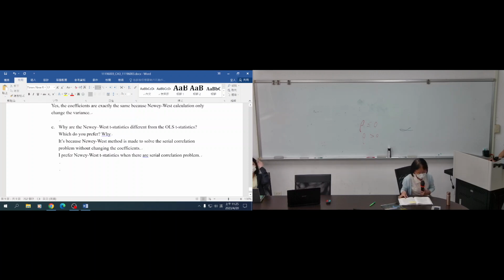Let me see. What does the question say? Why is Newey-West different from OLS? So the comparison is between Newey-West and OLS. Well, definitely Newey-West. Okay, all right.